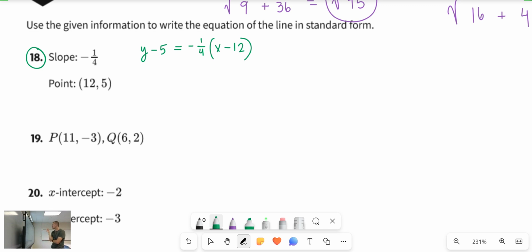Now all we want to do, in order to put this into standard form, is get our x's and y's on one side, and just a number on the other side. So let's do that. Let's first expand.